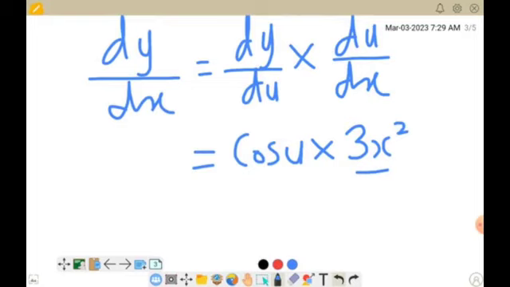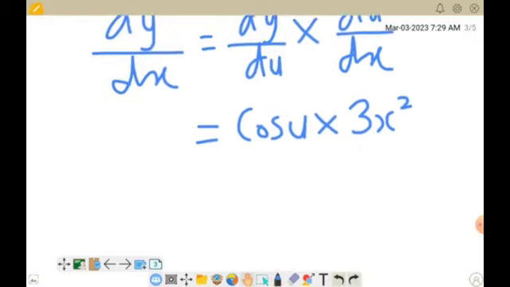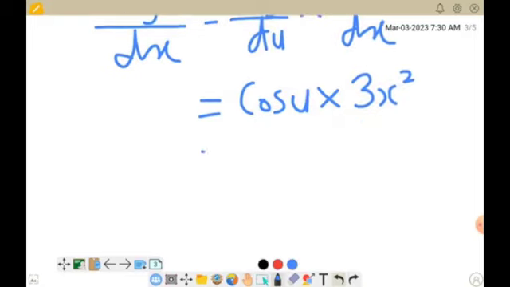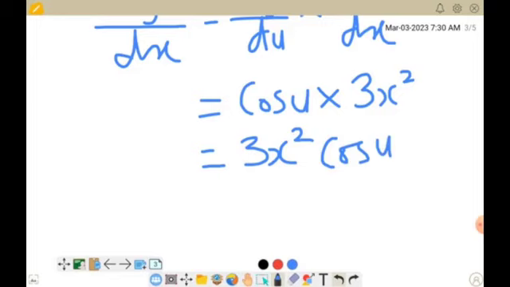So in that case, we will have 3x squared cos what? Cos u. And don't forget what our u is. U is x to the power of 3, according to what we did before.